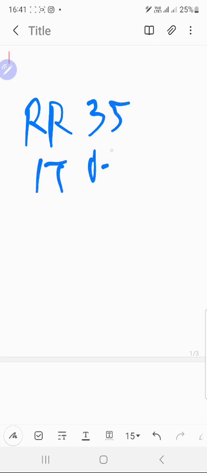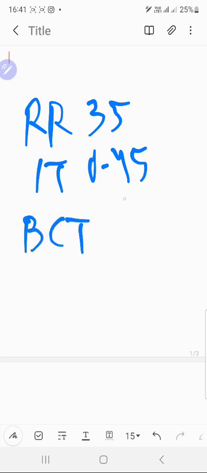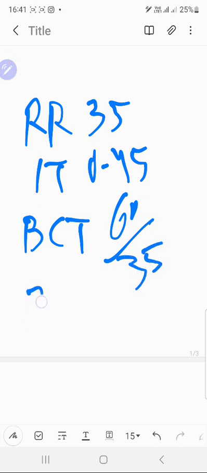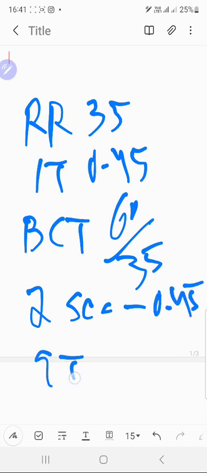I time was the same, 0.45, and now you calculate breath cycle time with 35. So 60 divided by 35, which rounds to about 2 seconds. So now you can calculate expiratory time by 2 minus 0.45. So E time in this patient is around 1.5.